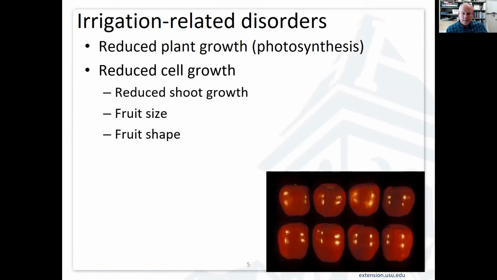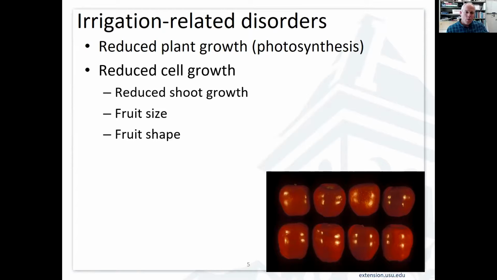And then as the season progresses, it shifts from cell division, or the increase of cell number, to cell enlargement. And so the primary driver of that late stage fruit growth is the uptake of water and the expansion of those cells, and also the space in between the cells. And that's what gives you fruit size and the appropriate shape.